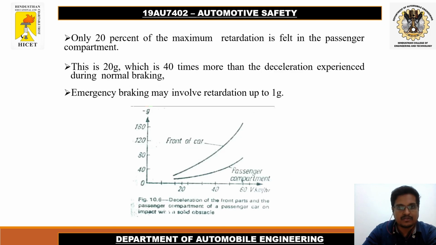Only 20% of the maximum retardation is felt in the passenger compartment. This is 20 g, that is a large amount of energy generated when it is impacted, which is 40 times more than the deceleration experienced during normal braking. So if a vehicle experiences a 1g force during braking, it will be 20 times more when it is frontally impacted.